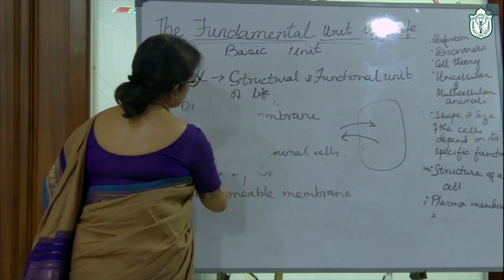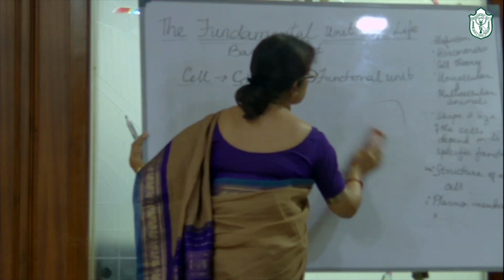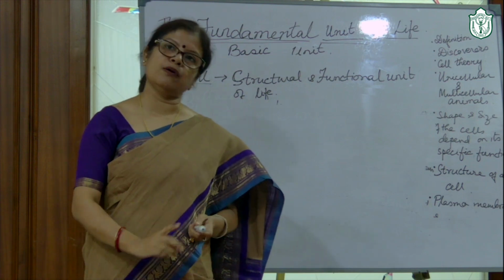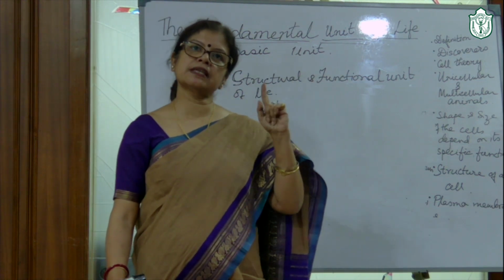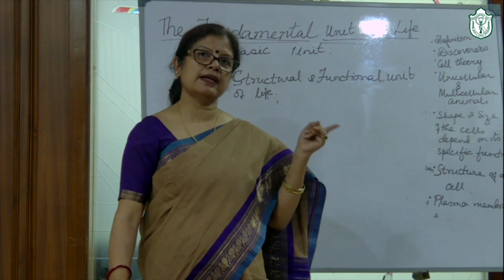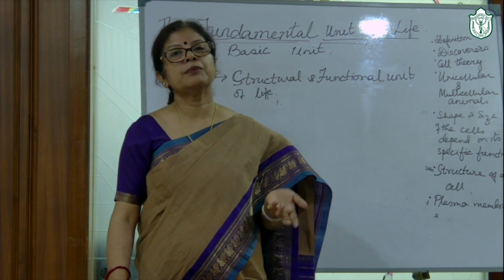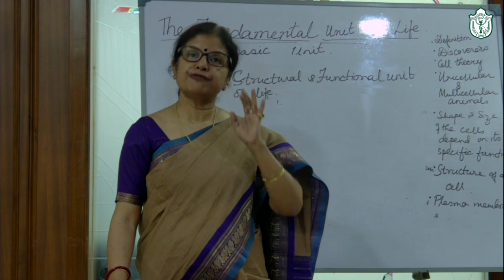Now, what are the different ways and what are the substances that are moving in and out? Water is moving inside the cell as well as outside the cell. Carbon dioxide, oxygen moving inside the cell, outside the cell, also food.